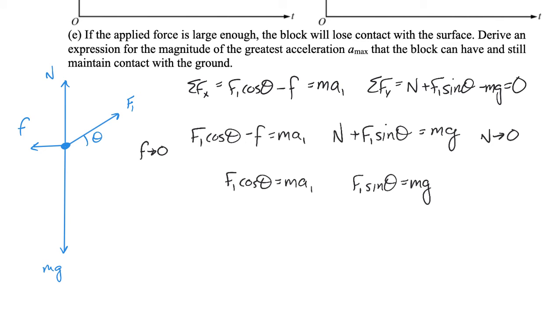Now, technically, you could probably solve this for A, and this would be your max acceleration. In fact, they would probably have to accept this as your answer, because you're allowed to use F1 and M and theta in your answer.